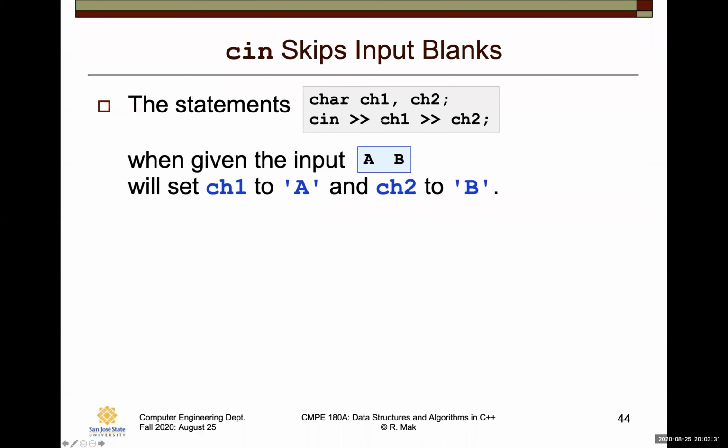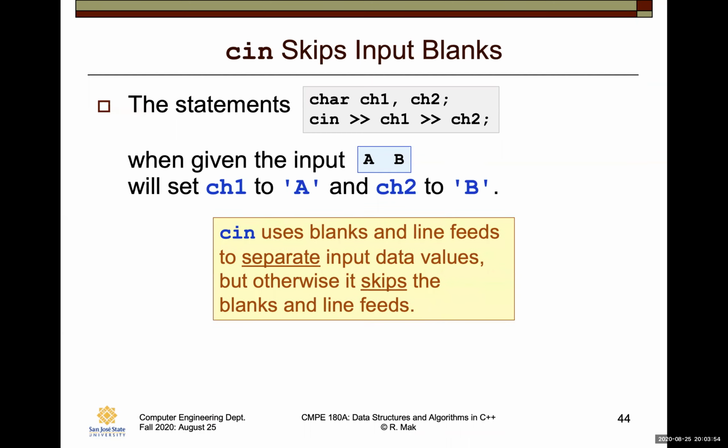Then when we execute this statement, ch1 will get the value character a, and ch2 will get the value character b. And if we are reading in numeric values, then in the input, you would separate the numbers by one or more blanks.